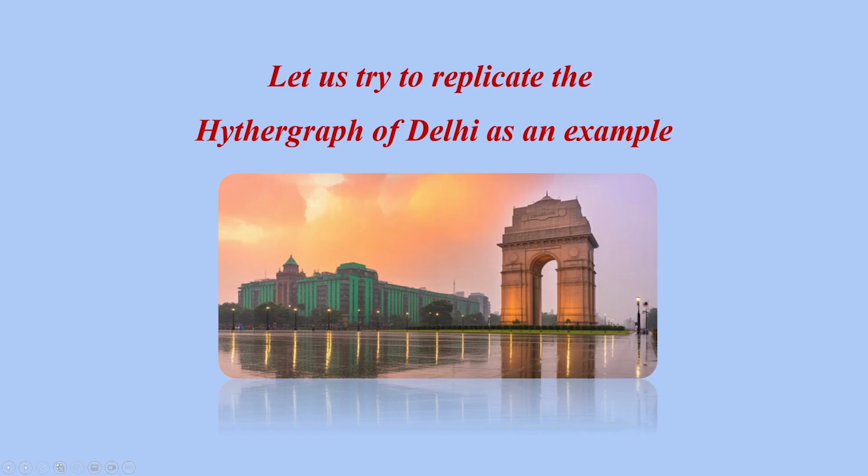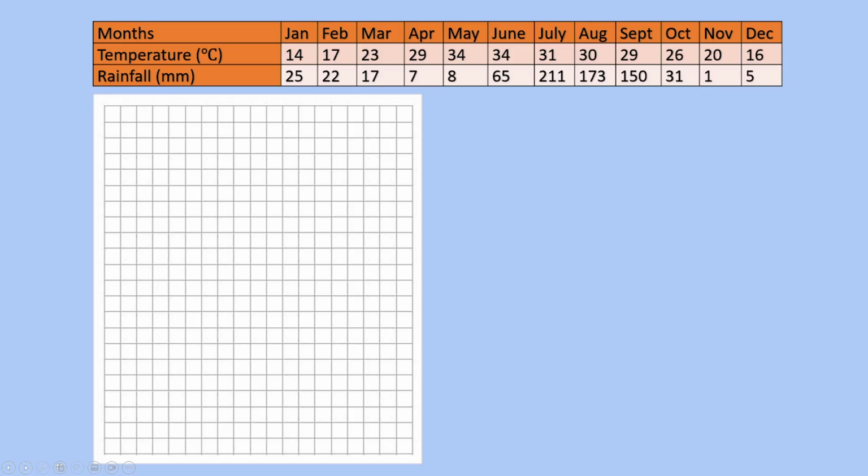Now we are going to take an example of Delhi. We have data for Delhi for the 12 months, and we will try to create a Hythergraph based on this data. First we will draw our axes here. I am doing it roughly, so there will be some error, but when we do it on graph paper, there will be no error.